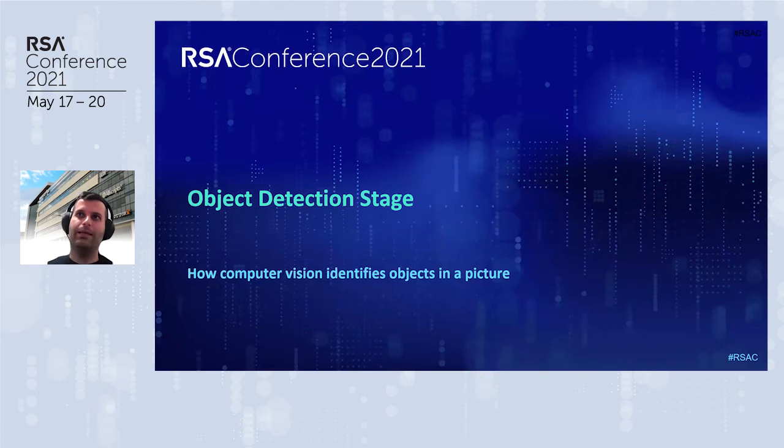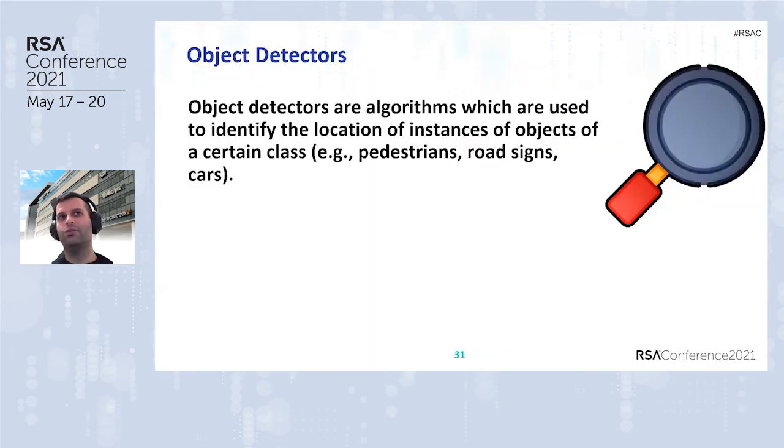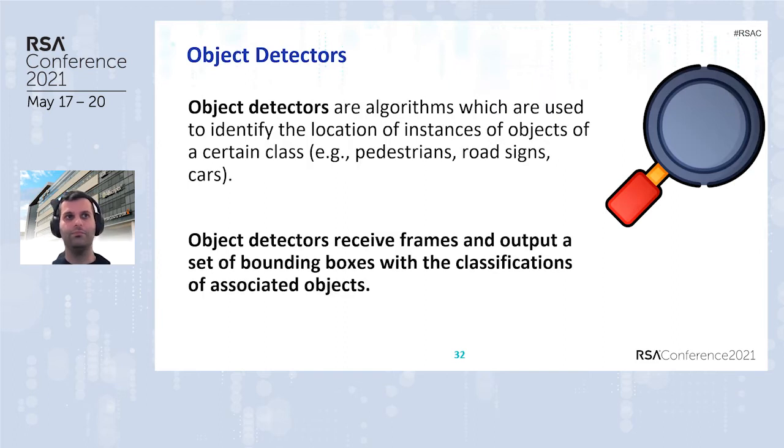Now, I want us to spend a few slides to understand how computer vision identifies objects in a picture. Object detectors are algorithms which are used to identify the location of instances of objects of a certain class. This can be pedestrians, road signs, or, for example, cars.